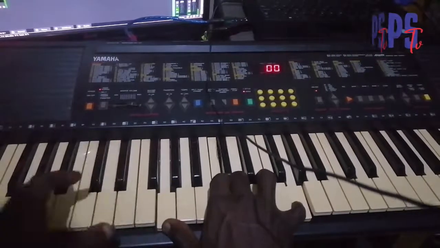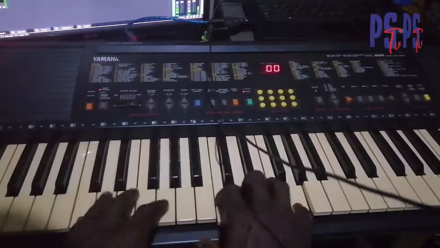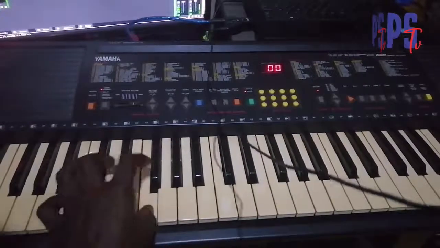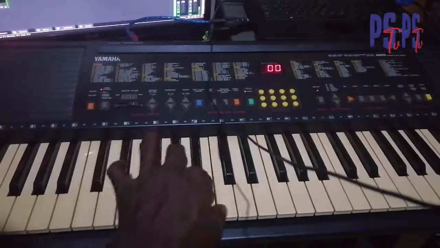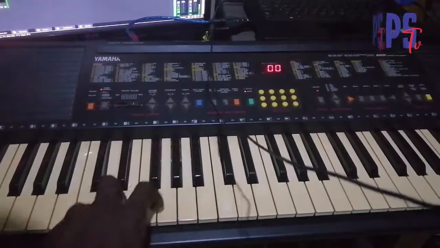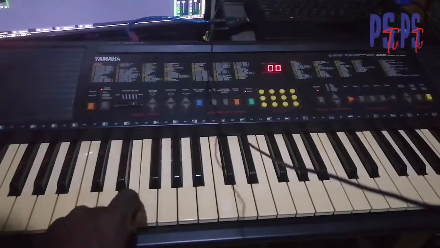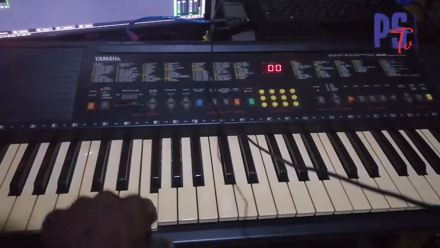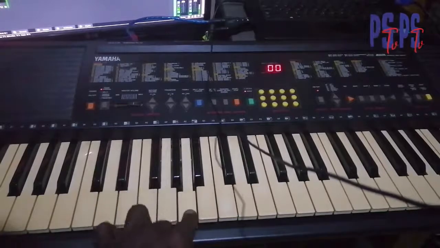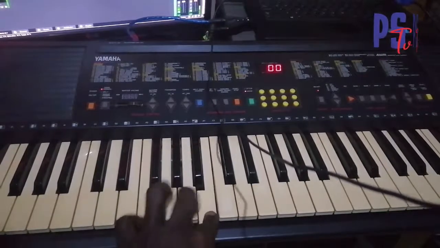For example, you are starting on C. We are in the key of C. The major scale of C is C, D, E, F, G, A, B, then C. C will be our 1, D our 2, E the 3, F the 4, G the 5, A the 6, and B the 7.